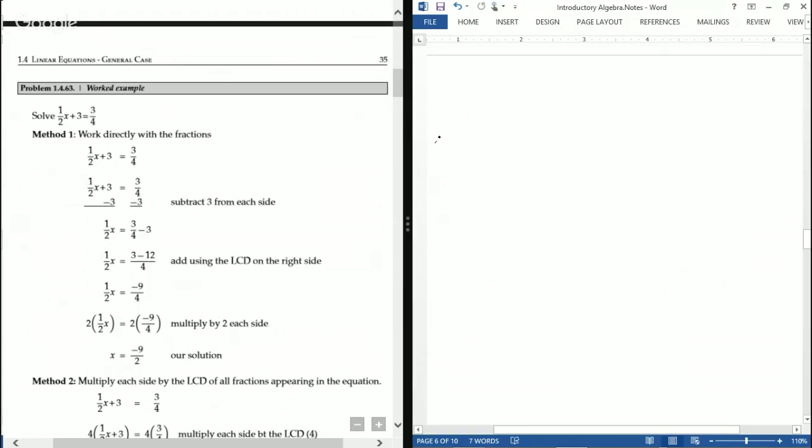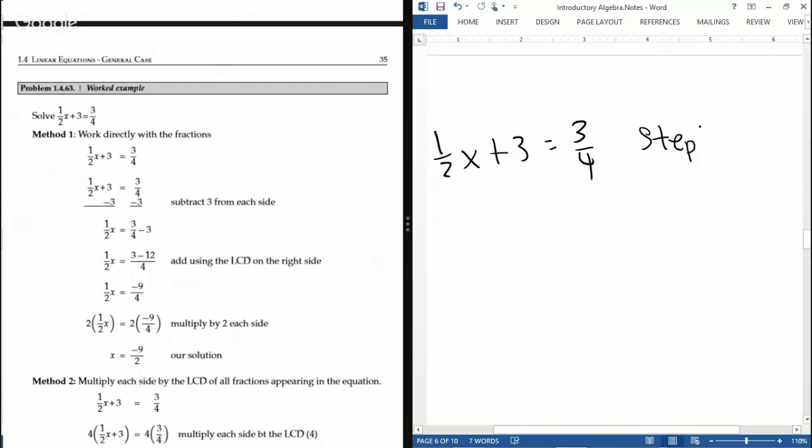The first problem is 1/2 x plus 3 equals 3/4. The best way to go about approaching this problem is to think about getting rid of the fractions. And in order to get rid of the fractions, you have to find the lowest common denominator.